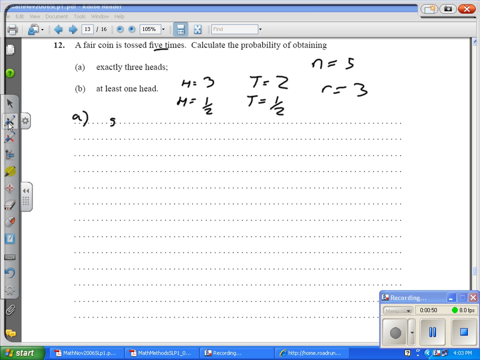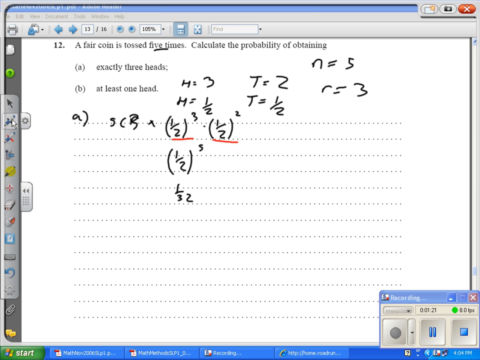So we have 5c3 times half to the power of 3 times half to the power of 2. This represents the tails and this represents the head, and so we get half to the power of 5, as you can just add the powers, which should give you 1 upon 32.